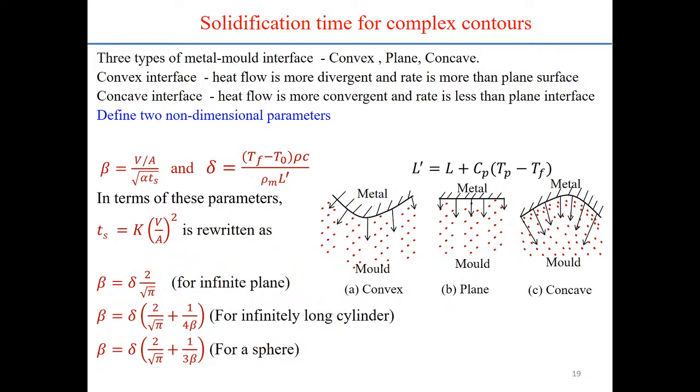But with a mold and cast material, the mold and cast interface is not very straight in practical cases. It may be a convex or a concave type of surface. If it is not a flat surface, then it affects the rate of heat transfer, so it modifies the heat transfer equation.